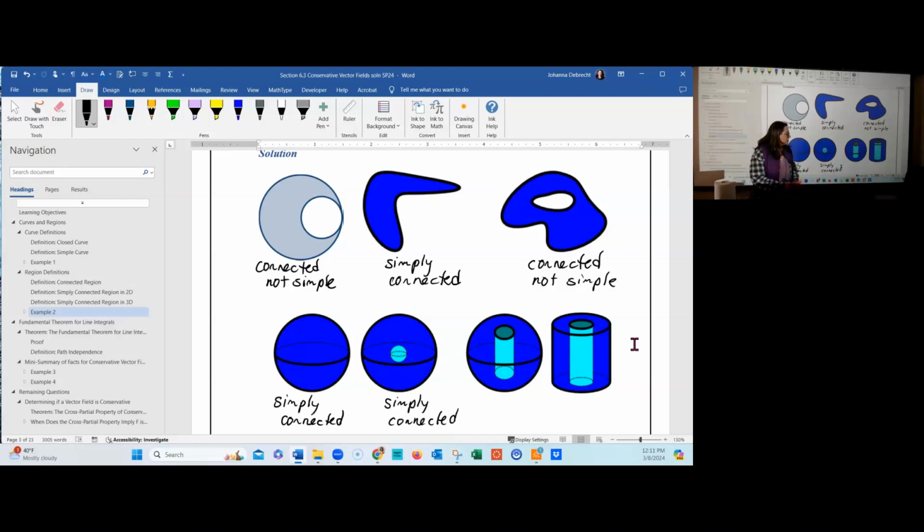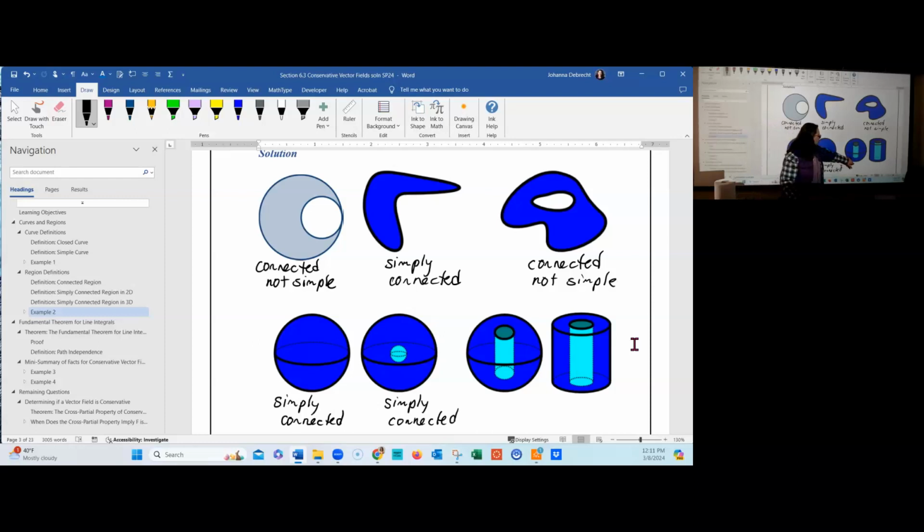In other words, if I put a loop in here such that the loop passed around that interior but stayed only in the blue, no matter whether I move it up or down, when I tighten the loop, eventually, because this hole goes all the way through, eventually I have to touch the hole, and that makes it not simple. Is it connected? Yes, it is connected.